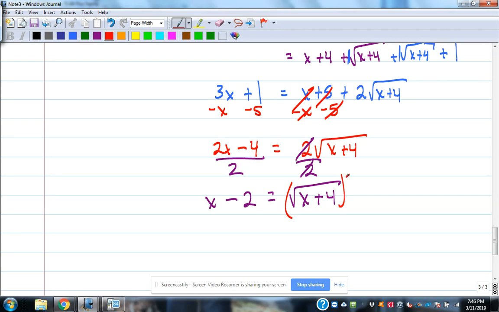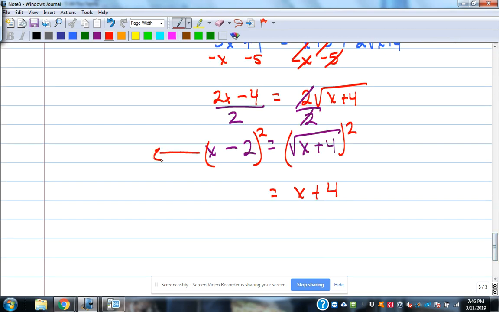I square again. So I'm squaring x minus 2. And on the right-hand side, that's the easy side. That's just x plus 4. On the left-hand side, squaring x minus 2 means x minus 2 times x minus 2, which is going to give us x squared minus 4x plus 4 on that side.